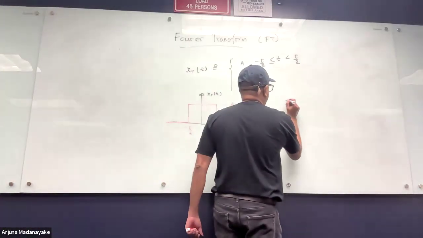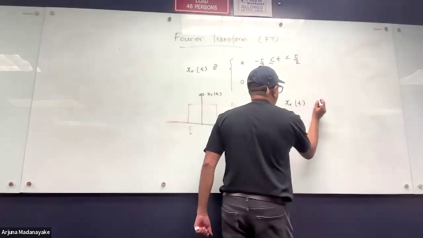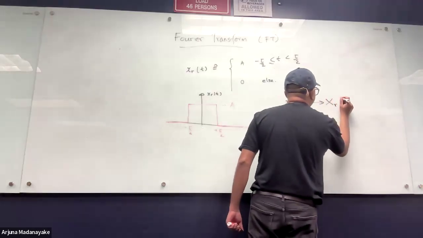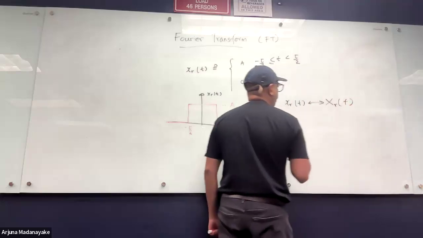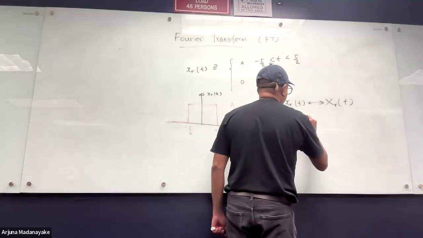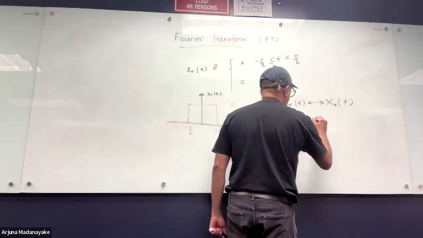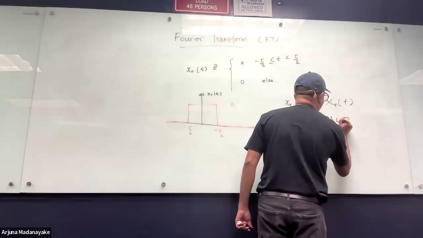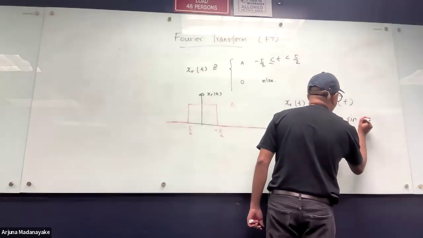So let's say x r of t has a Fourier transform capital X r of f. Capital X r of f is equal to A tau sinc.